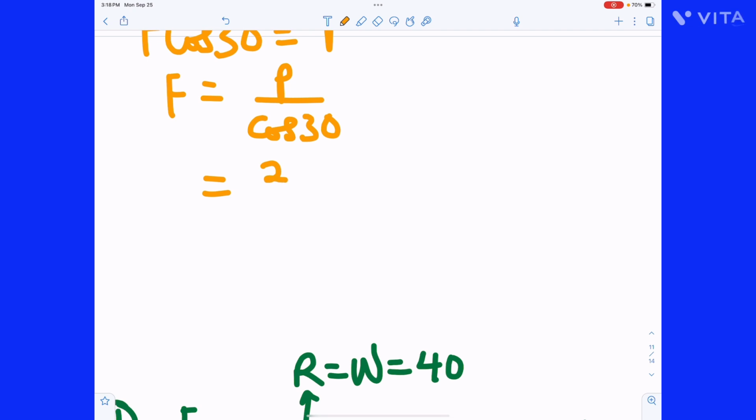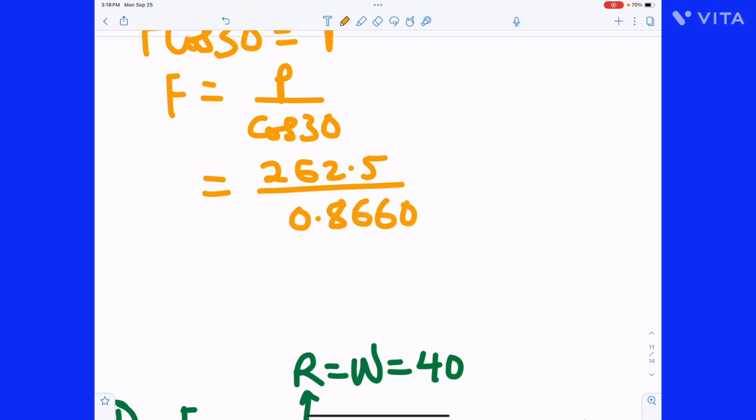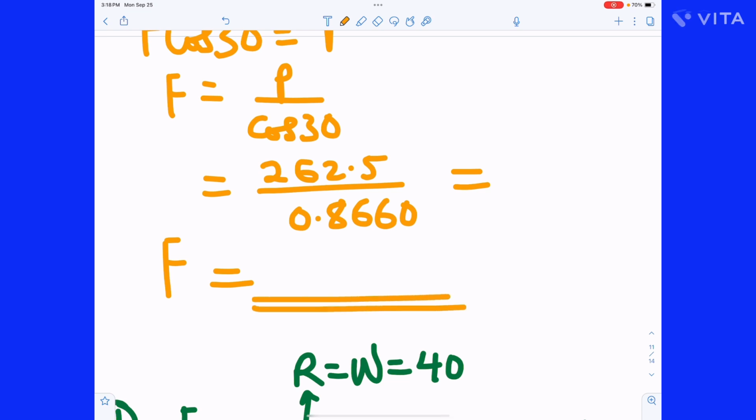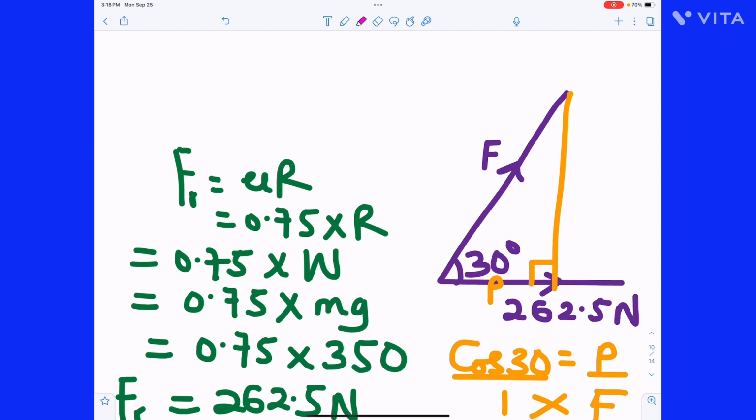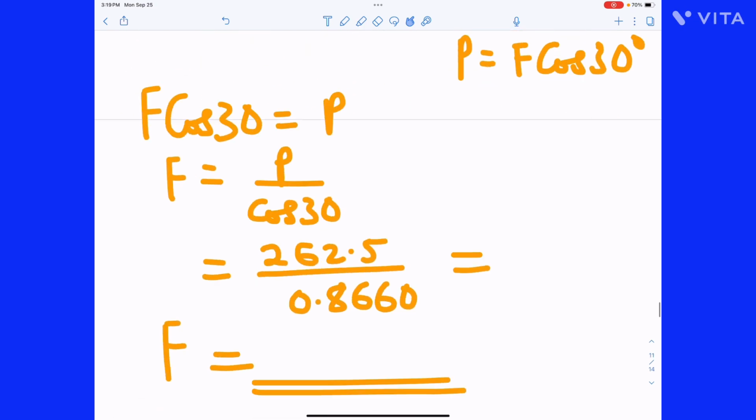F is 262.5 over 0.8660. 262.5 over 0.8660 will give you the force applied at 30 degrees to the horizontal that will produce a horizontal component of 262.5 newtons. Take note of that question.